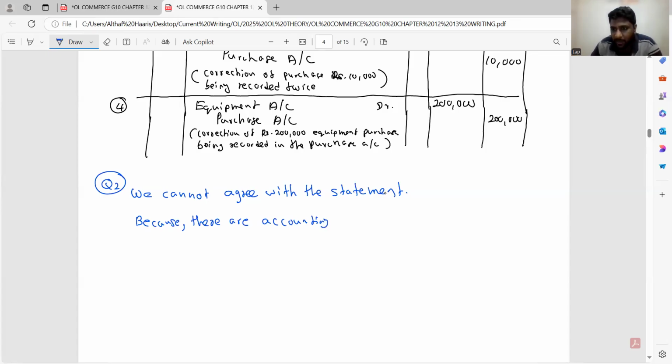So if we make a mistake while marking down a transaction, that means when you are preparing the accounts for the school term test exam, and if you find out later there is a mistake, you cannot correct it as a correction of errors without erasing and writing.